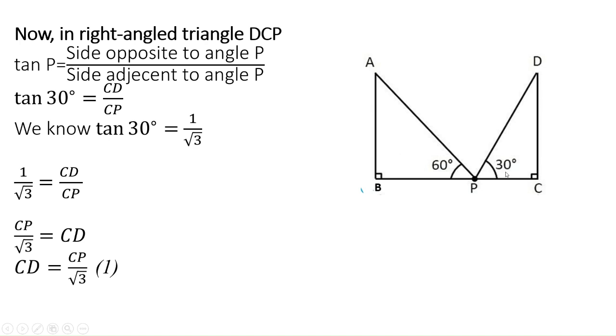Yes. Now, in the right angle triangle DCP, we are using simple trigonometric ratios, tan theta. Tan theta is nothing but opposite side by adjacent side to the angle.